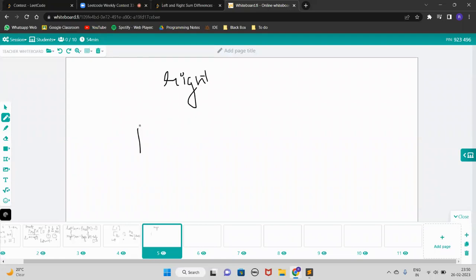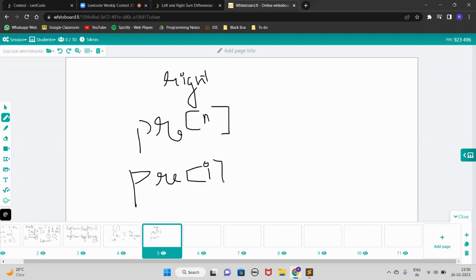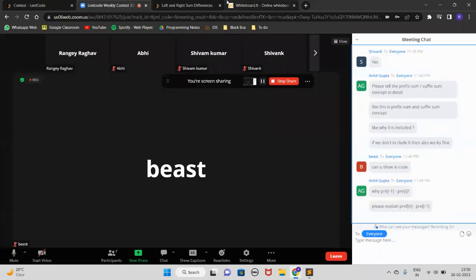Prefix of n basically has the sum of all the elements, and prefix of I has the sum of elements till index I. So pre of n minus pre of I is equal to the sum of elements only in the range.